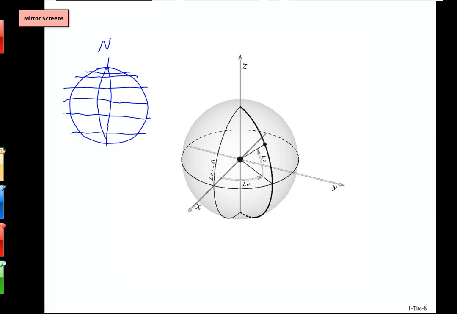So how far a unit of longitude is depends on latitude, because all the lines of longitude come together at the poles. On the other hand, for latitude, the distance is always the same fraction of the Earth's surface. So 1 degree of latitude is always the same amount.